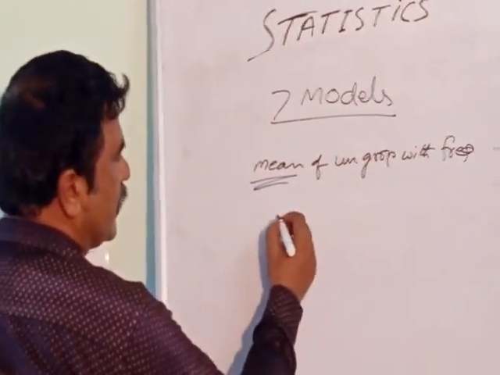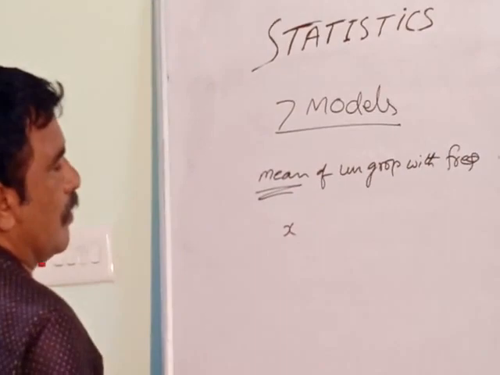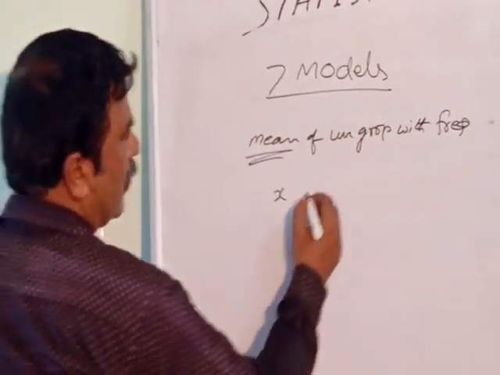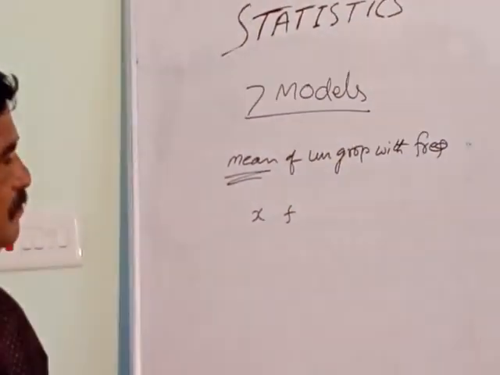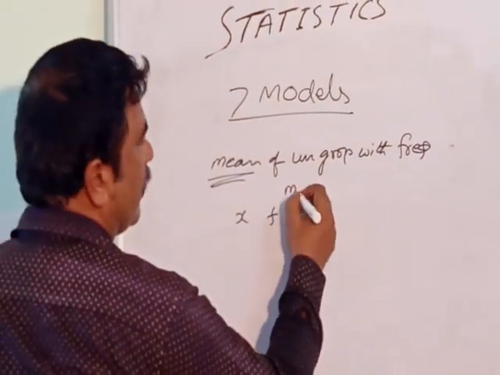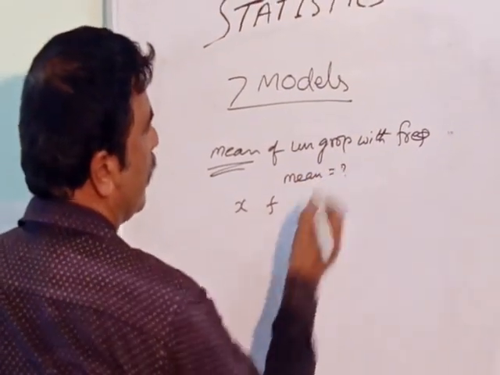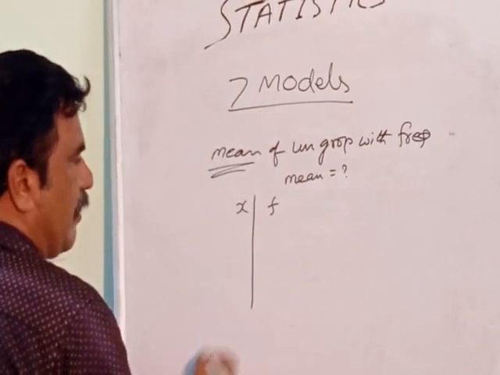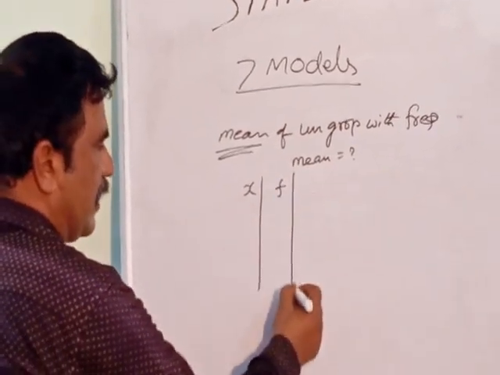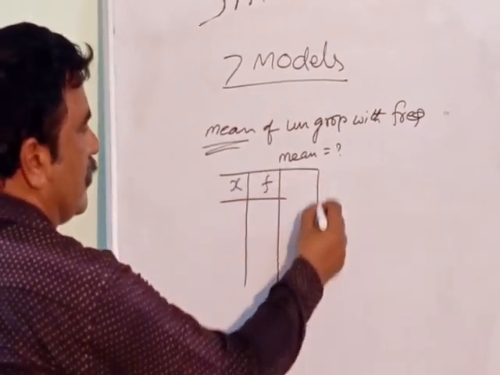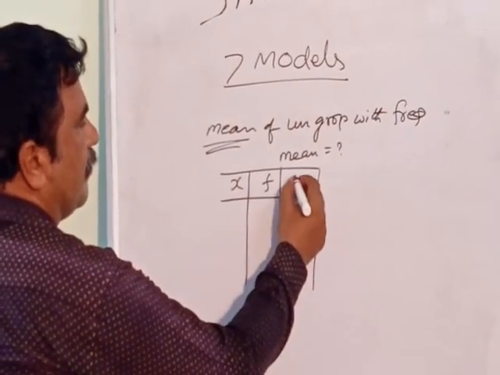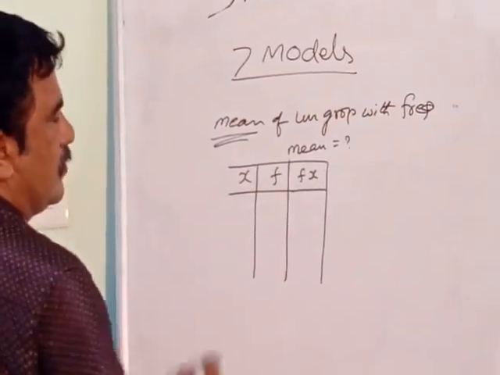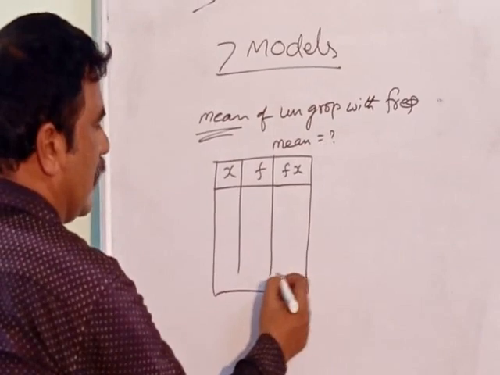How to find this: he will give the observation and its frequency, then find the mean. See, take the observation values and frequencies in different columns, and find another column, f into x.